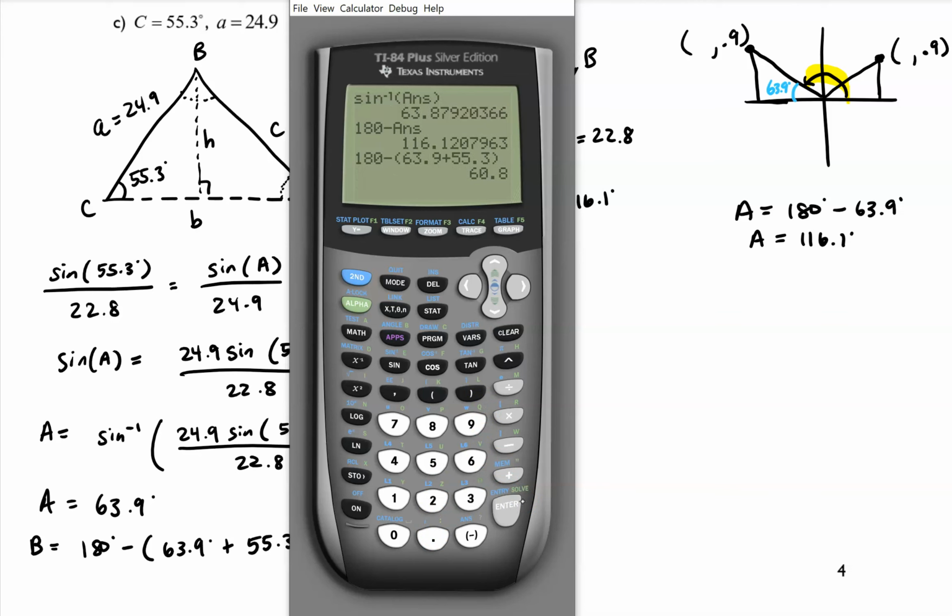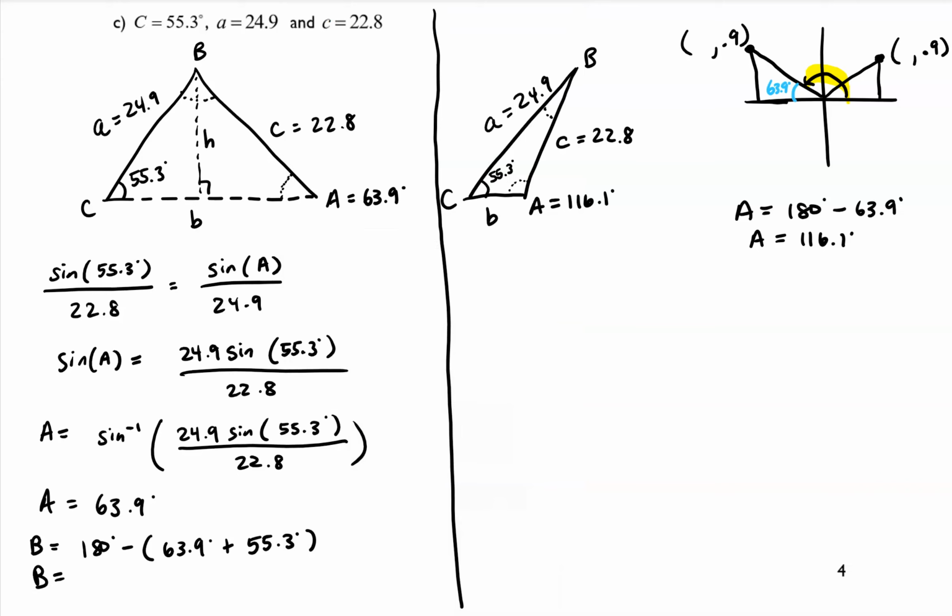Okay, so then angle B is 60.8 degrees. So I'm going to fill that in here. And now we just have to figure out the side length b. I'm going to erase this just so that I can make some room.